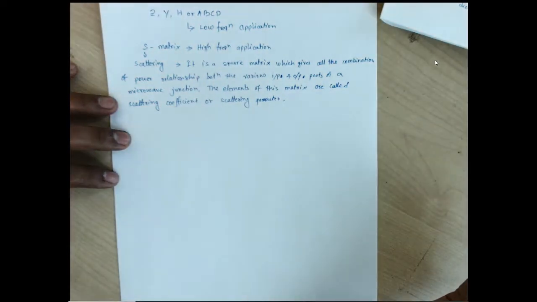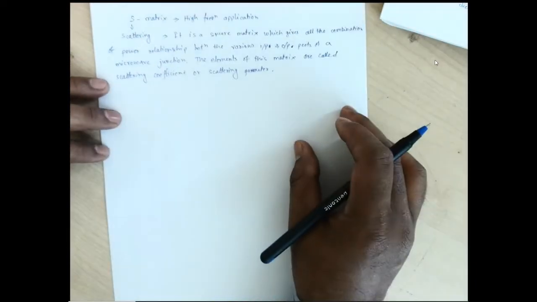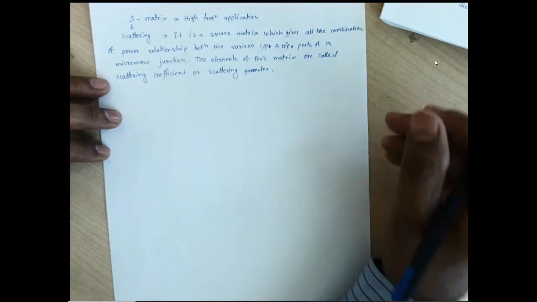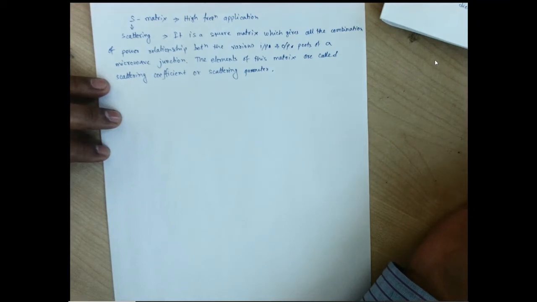Okay, so when we have a microwave junction consisting of more than two ports, we need to take into consideration these scattering coefficients or scattering parameters to analyze the power transferred from source towards the load.